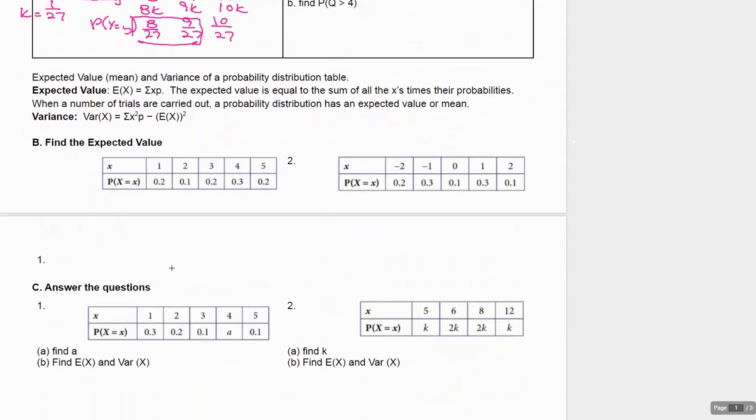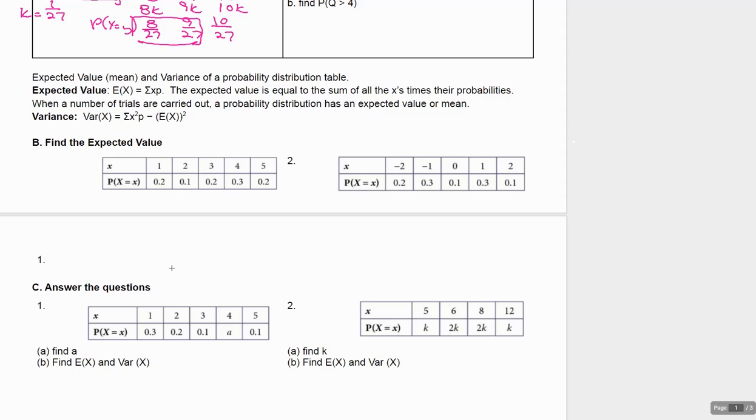And see, then we're finding the expected value. And again, we talked about this today in class. When we had a frequency table, to find the expected value, we multiplied each number times its frequency, and we added them up, and then we divided by the number of numbers. Do you remember?